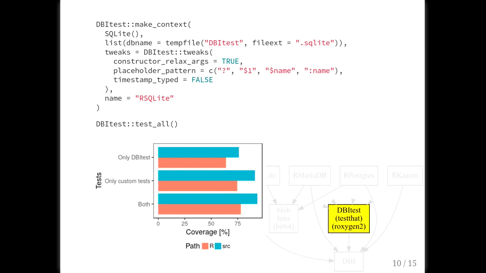Now, coverage results, I was a bit disappointed and surprised. If you run only with DBI test, we're worse than when running the additional tests in our SQLite, which test specific or added functionality that is not part of DBI itself.